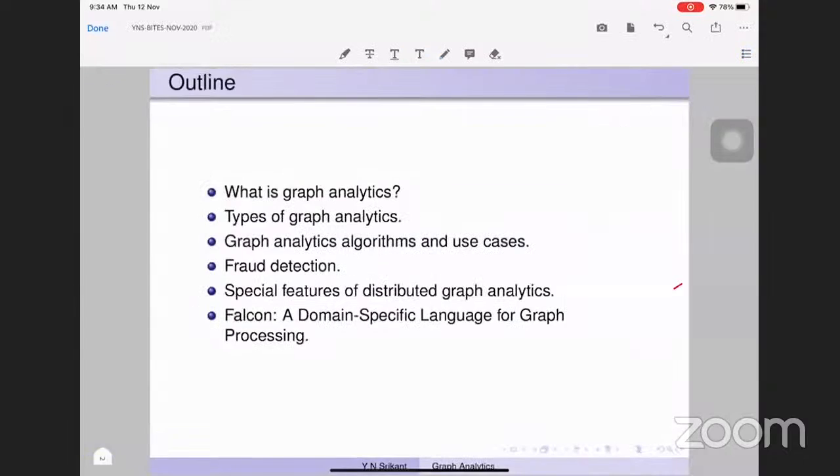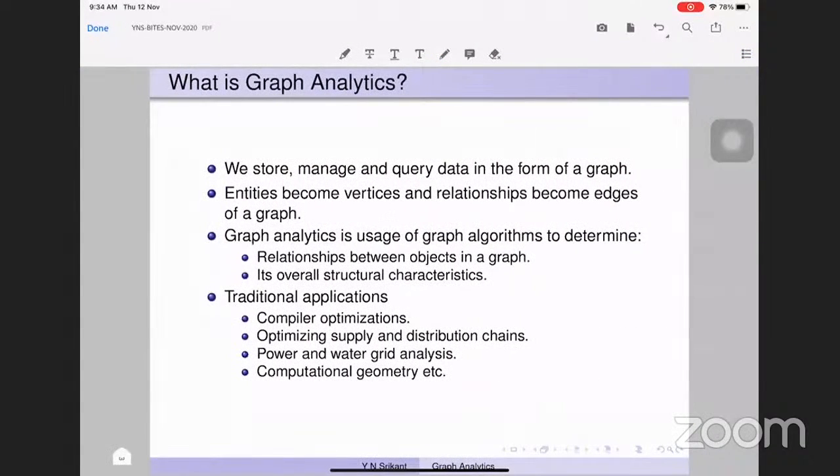Okay. So now, what exactly is graph analytics? See, we have a lot of data available in the form of a graph. We store, manage, and query data in the form of a graph in general.